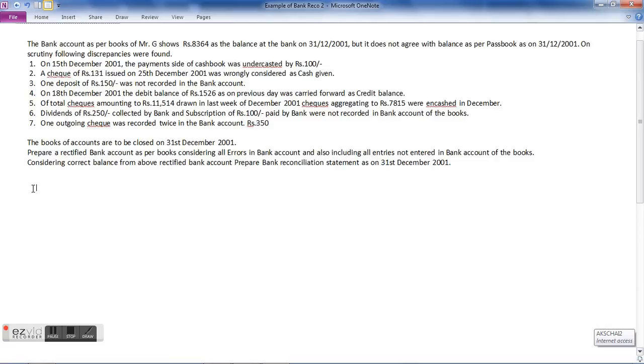So first we will rectify all those errors and put the impact of those errors in the bank account. We'll prepare a statement, rectify that balance accordingly, and then prepare a bank reconciliation statement.